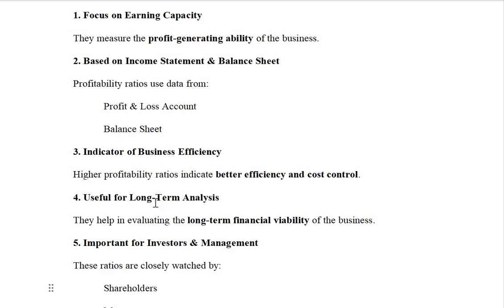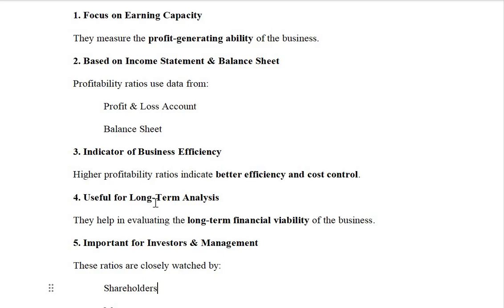When the profit ratio shows a lesser or moderate percentage, in this case we have to concentrate on the reduction in the cost or expenses. So it always indicates the business efficiency, how efficiently the business is running.